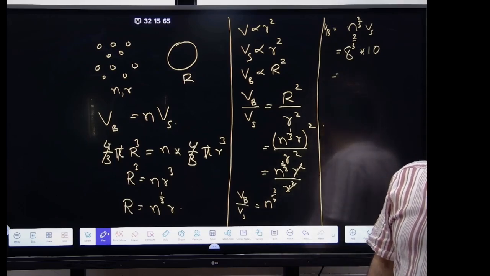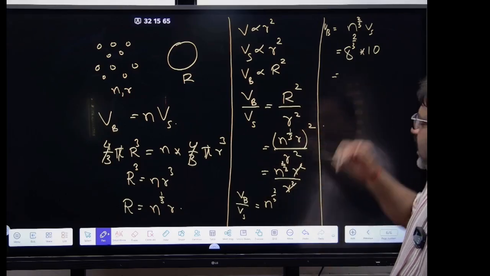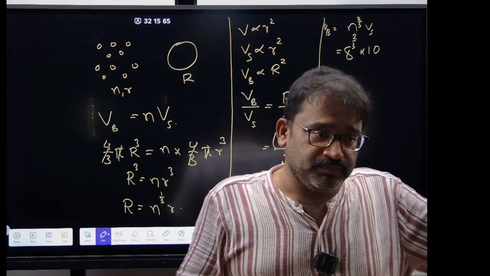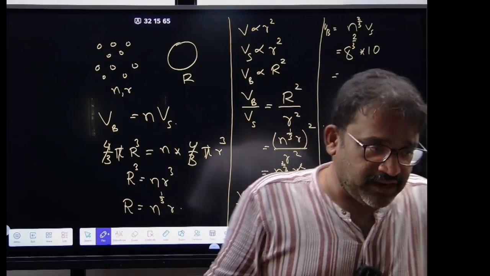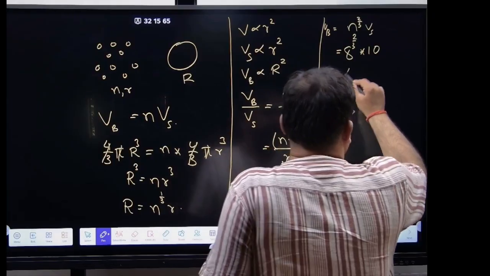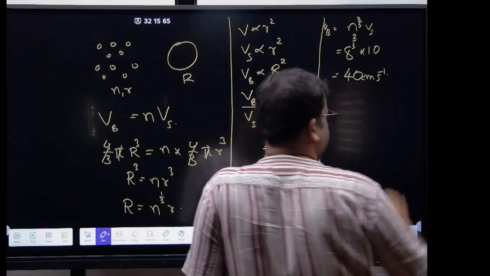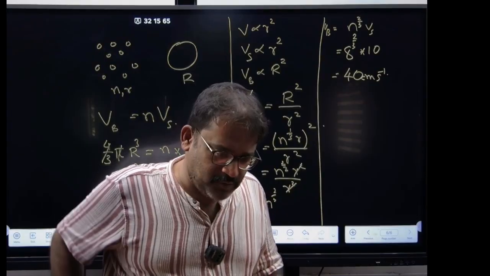See there in the question, 10 meter per second. So what is 8 to the power 2 by 3? Cube root of 8 is 2, 2 square is 4, 4 into 10 is 40. The answer should be 40 meter per second. The right option is option 1.